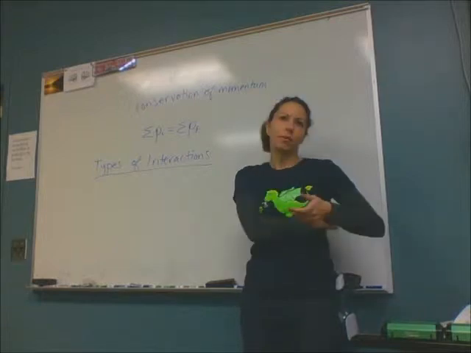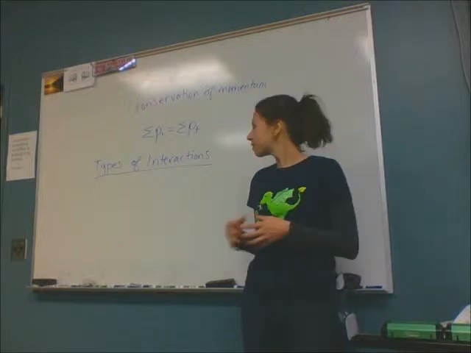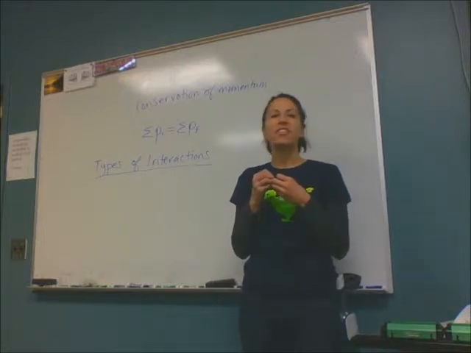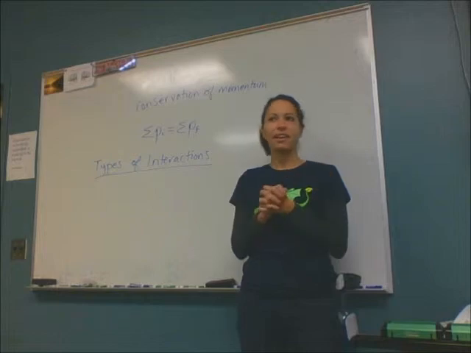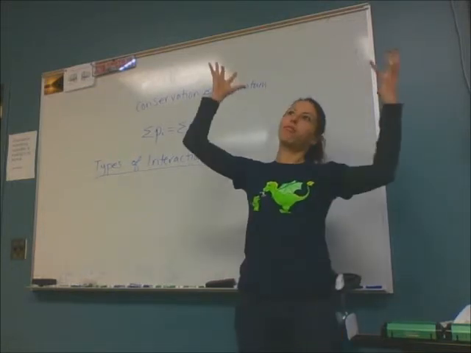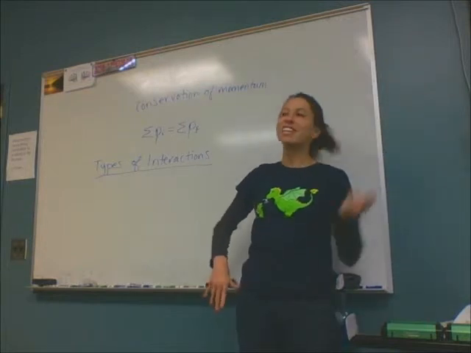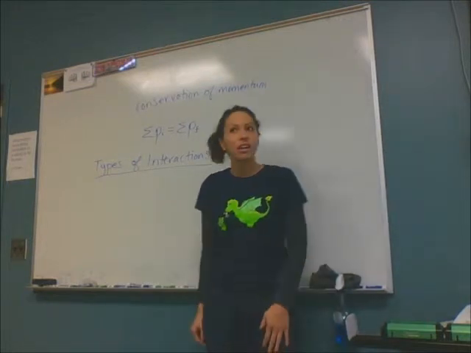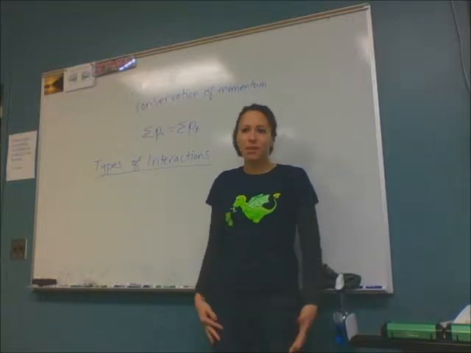Now, an explosion sounds really exciting, like everything's going in all directions, and it's kind of true. Right? Momentum is conserved in explosions. And if you think of the universe and how it began, right? Things started kind of all together.